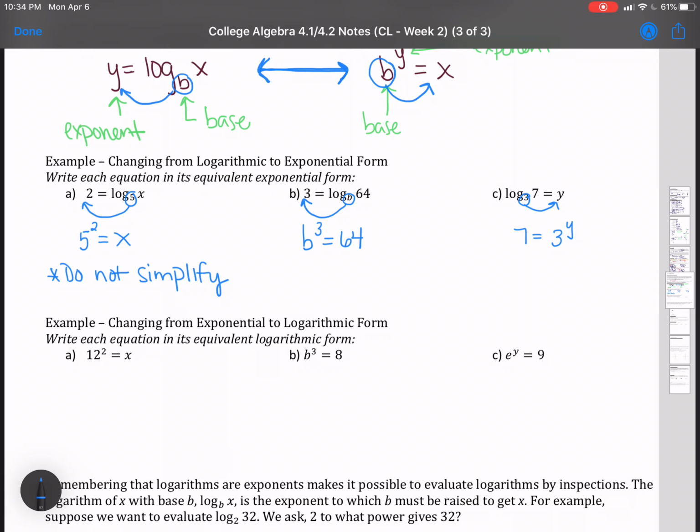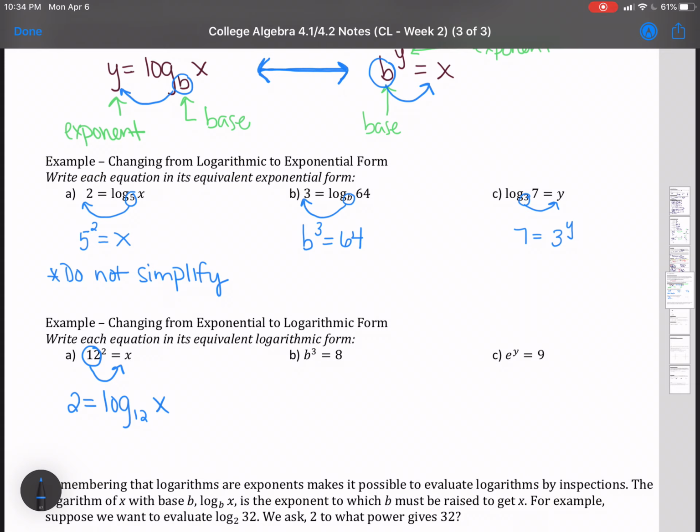Going from exponential to logarithmic form, the key thing is still finding that base. On A, we have 12 squared equals x. We take the base of our exponent and move it to the other side. So we're left with 2 equals log base 12 of x, and that's your simplified form.